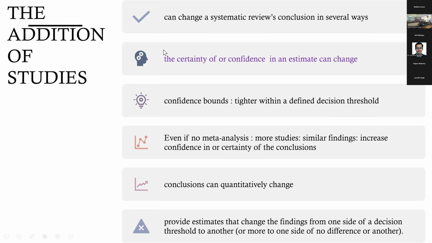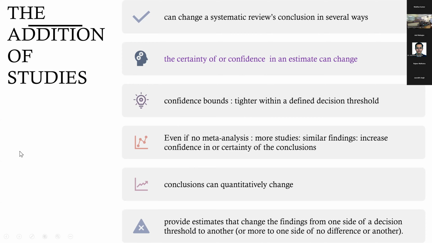Addition of new studies can change your conclusion in several ways. If the new studies also say A is better than B, it has increased our confidence that A is better than B. If you add more studies, will the confidence interval narrow or widen? Narrow. So, the confidence bounds become tighter, tighter means narrower, and we are more happy.